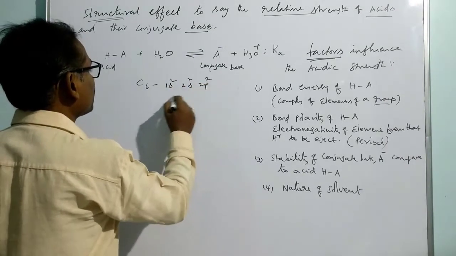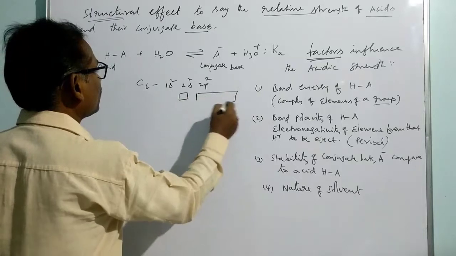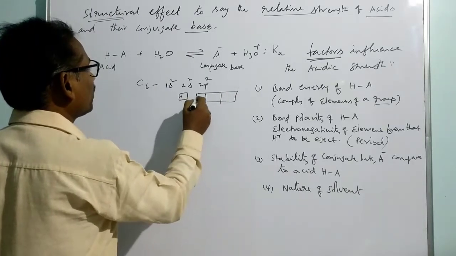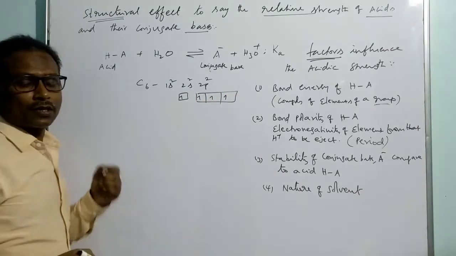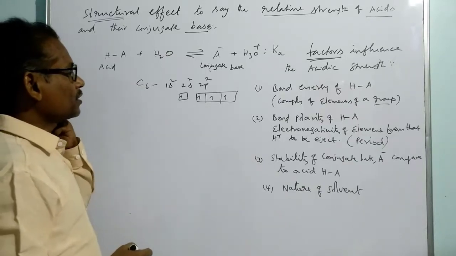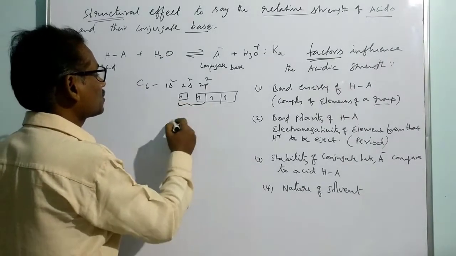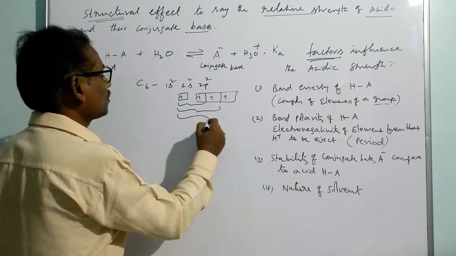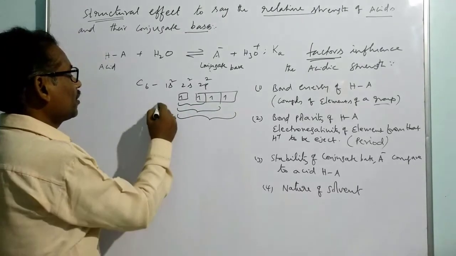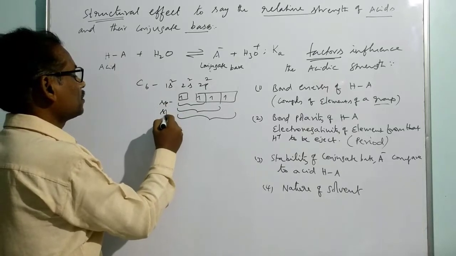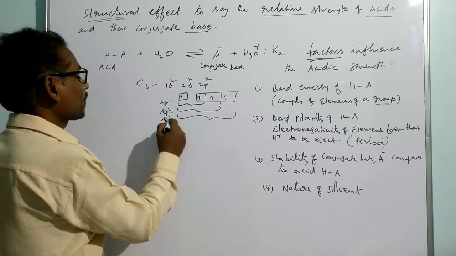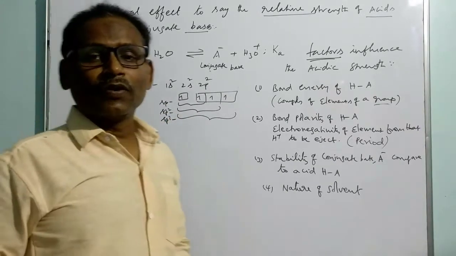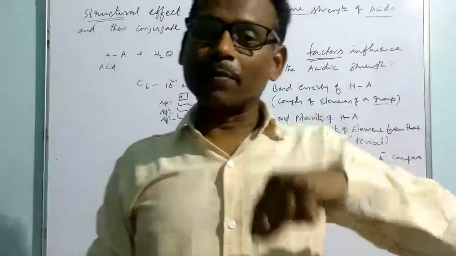This is the configuration, and normally at the time of bonding it will involve the excited state configuration, and in its compounds you have the option of sp, sp2 and sp3 hybridization. So there are compounds where the element carbon has different hybridizations.